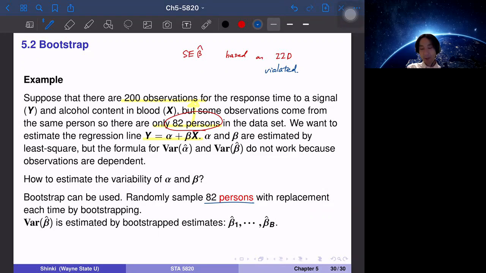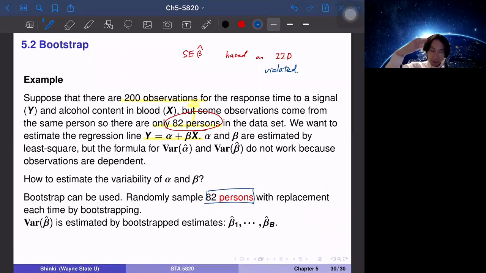So we have to sample 82 persons from the original data set, not sample 200 observations. We sample 82 persons. So that means the number of observations is possibly 205 or 194, because different persons have different numbers of observations.